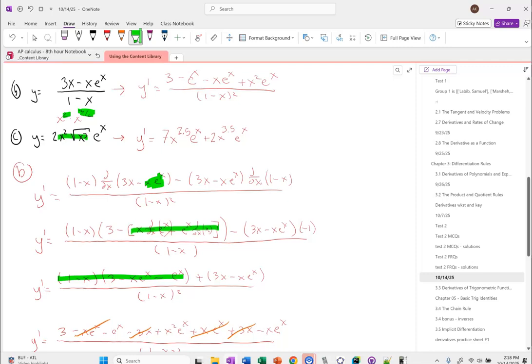Whenever you see two different things, you always do product rule. Well, unless one's a constant. Right, a constant you can just ignore. 2 e to the x is just 2 e to the x. 2x e to the x is a product rule. So again, the details there matter enormously in how complicated that gets.